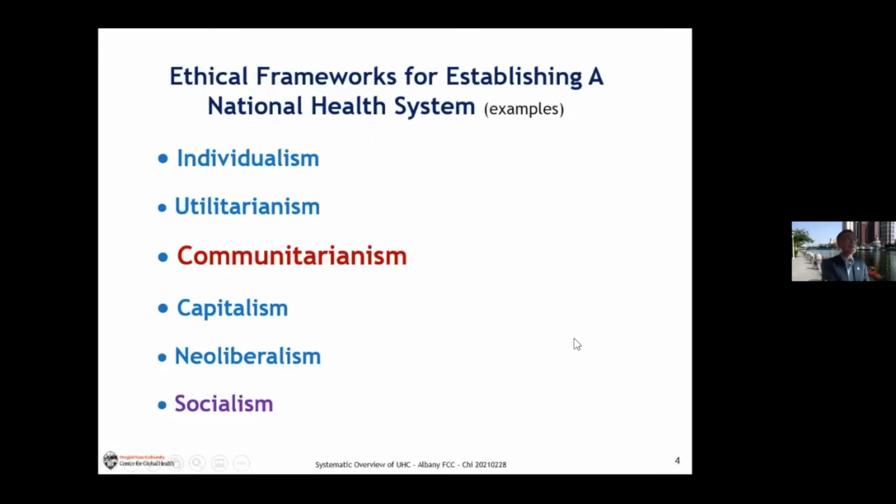Also, there are ethical frameworks for establishing a national health system. Here I only listed, this is not a complete list, just some common, popular ethical principles. I particularly highlighted communitarianism as one of the core ethical principles that support a universal healthcare system, together with socialism. The other ideologies or ethical principles generally are against a universal healthcare system.